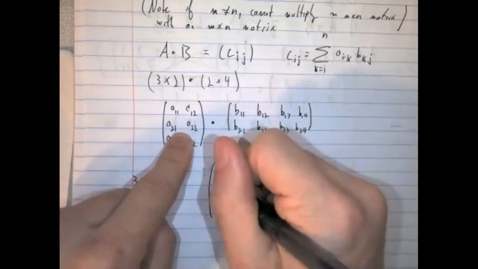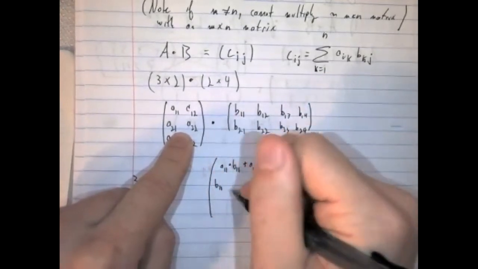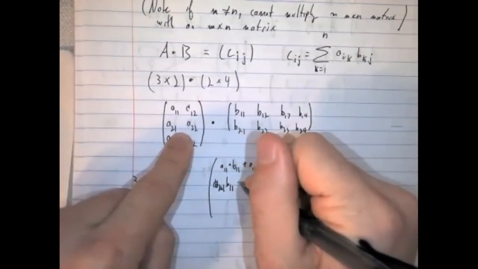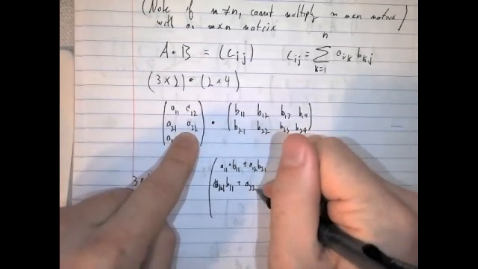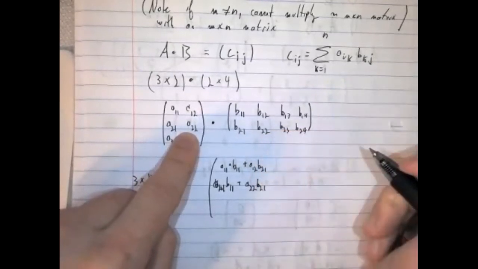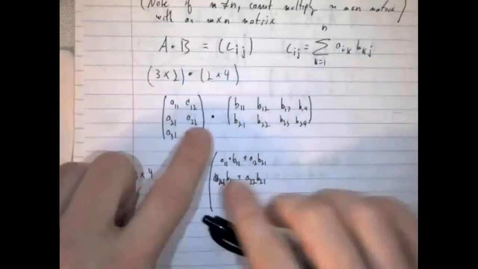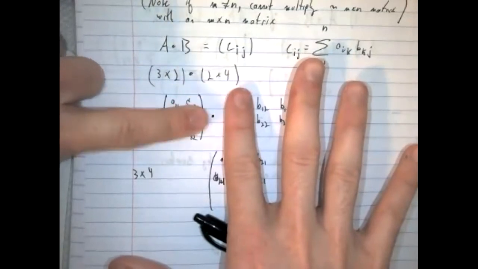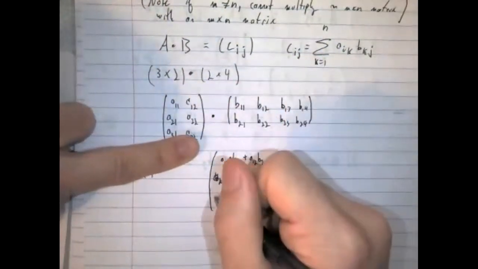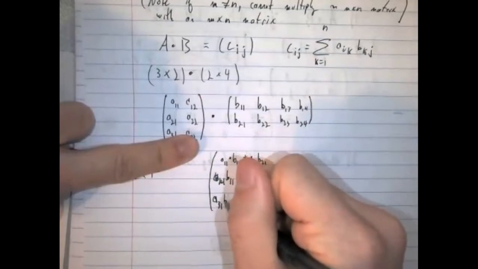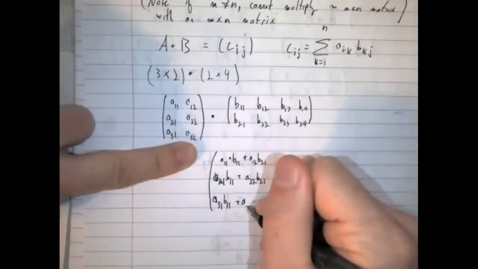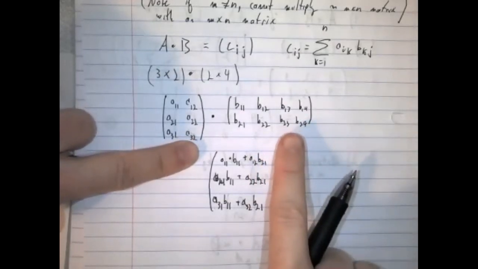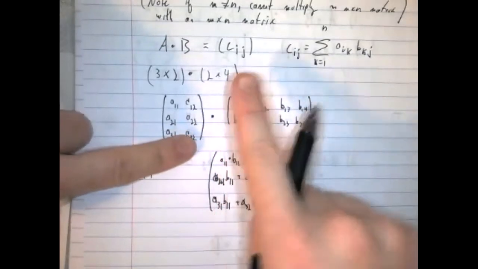So here it'll be A21 B11 plus A22 B21. To get the next one down, I'm going to pair these two. Next one's going to be A31 B11 plus A32 B21. Okay.